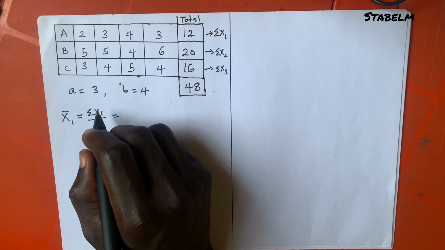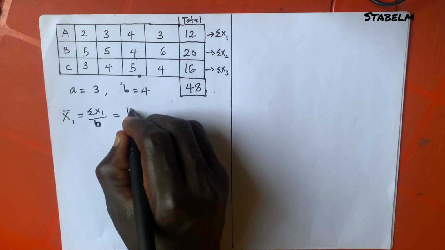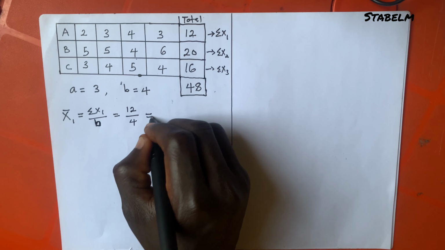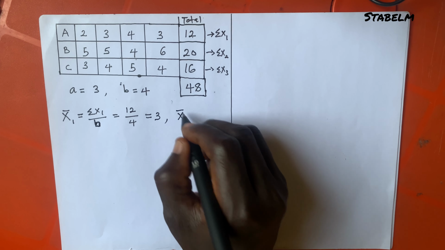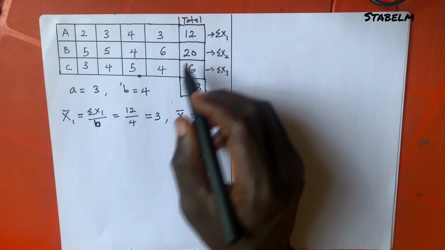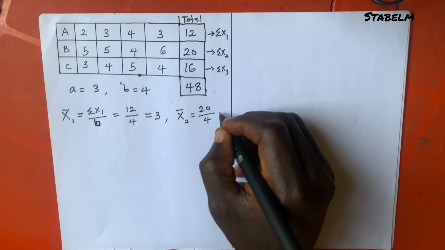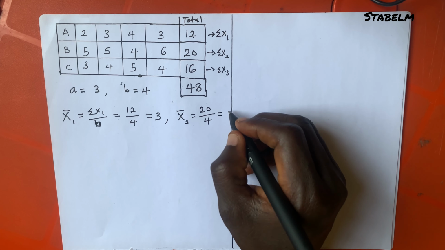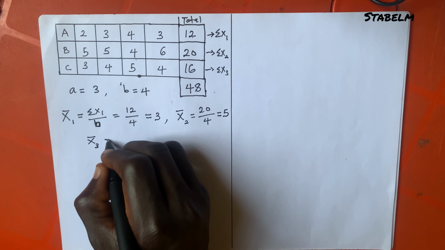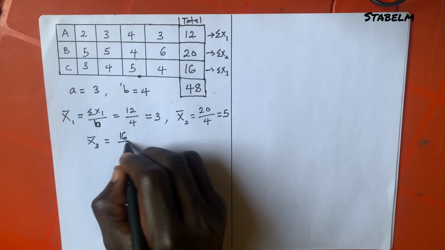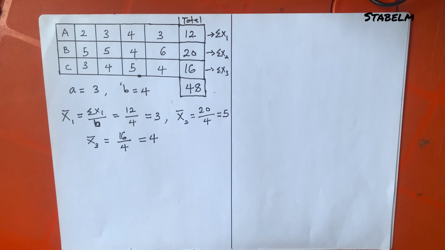This is 12 divided by 4, which is 3. x bar 2 is 20 divided by 4, which equals 5. Then x bar 3 equals 16 divided by 4, which will definitely give us 4.